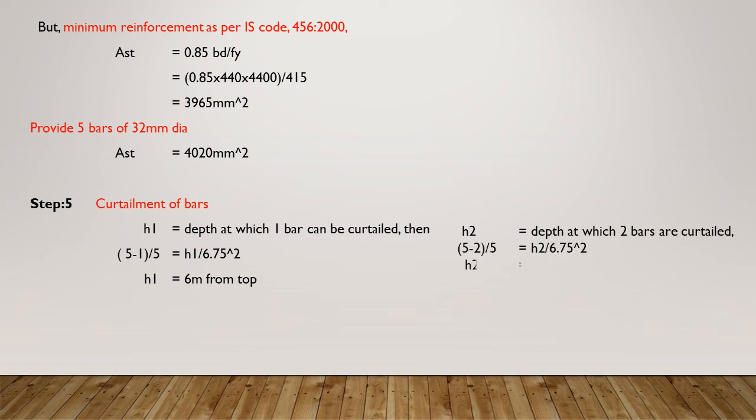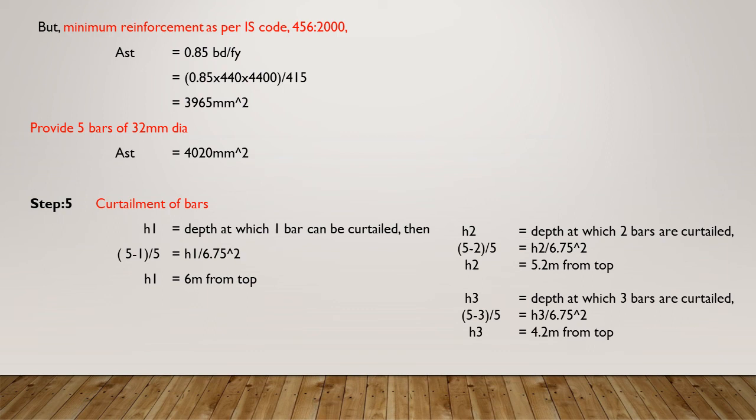So h2 is equal to the depth at which 2 bars are curtailed. So h1 is for 1 bar and h2 is for 2 bars. So 5 minus 2, our h2 is equal to 5.2 meter from top. So h3 is for 3 bars curtailed, so 5 minus 3. Then our h3 is 4.2 meter from top. So the remaining 2 bars are taken right up to the top.